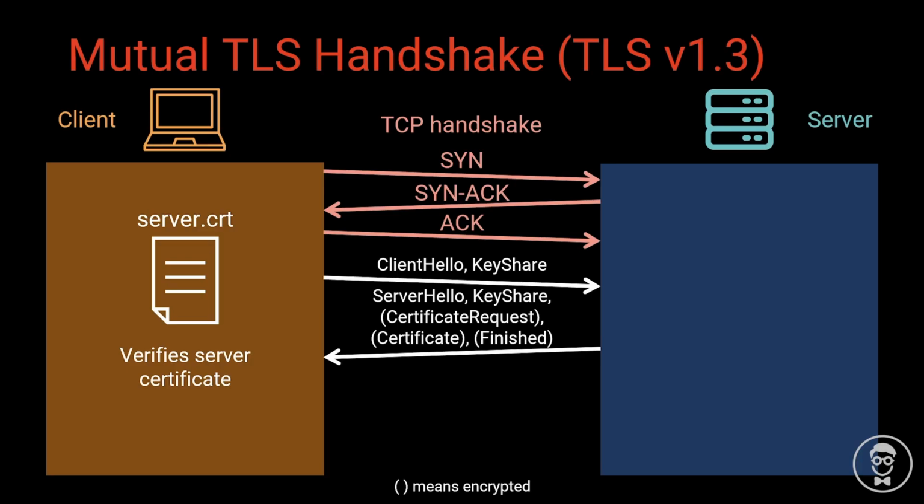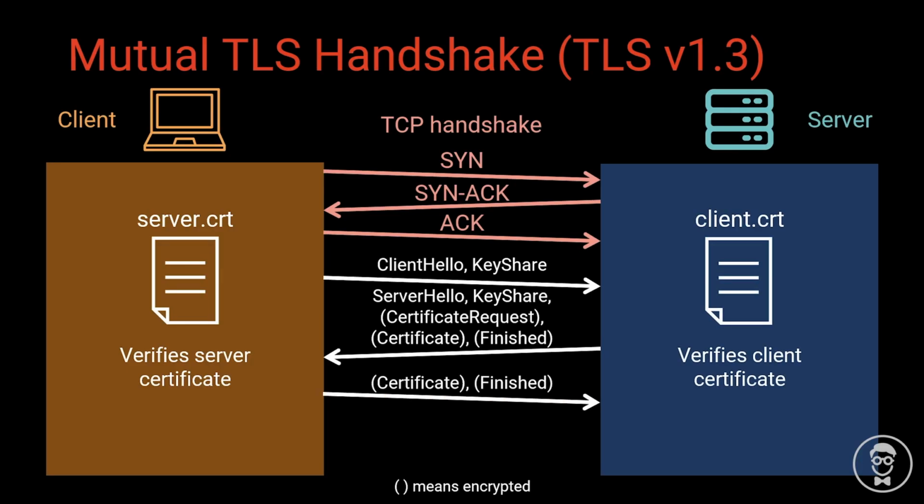The client must respond with its certificate, and both sides verify each other's certificates against their trusted certificate authorities using the process we showed earlier. If both certificates are successfully verified, the handshake completes, and encrypted communication can begin. This is known as mutual TLS, or mTLS.